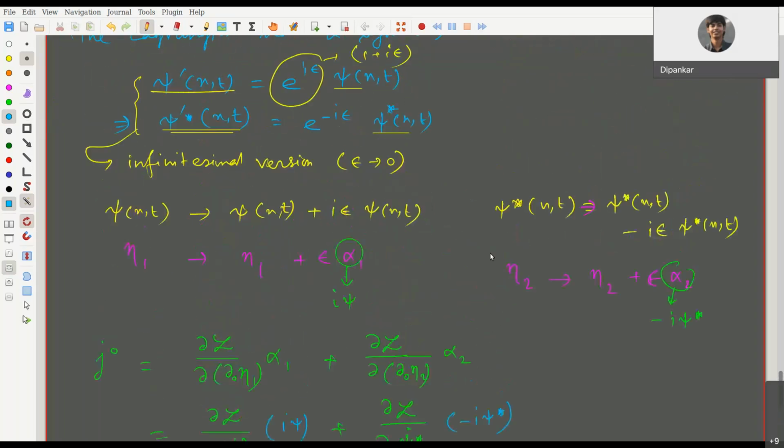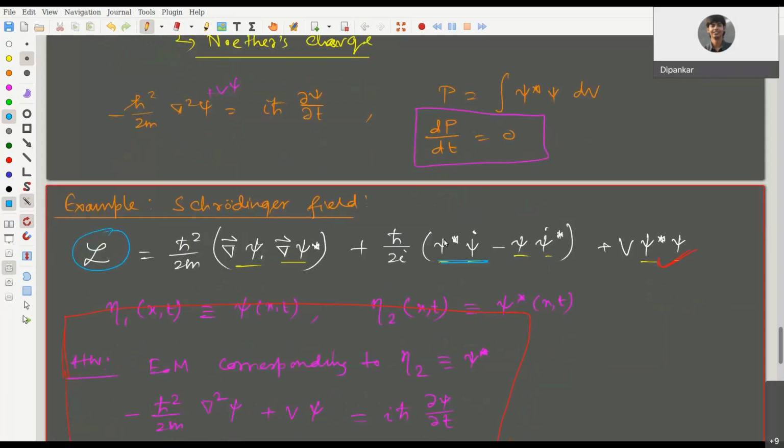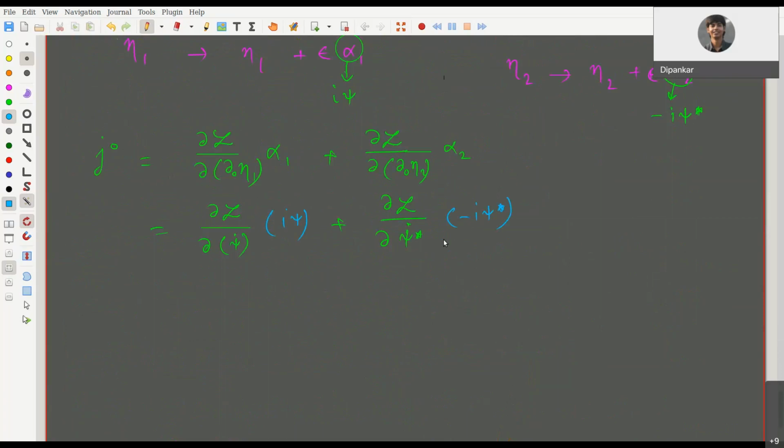What is del L over del psi dot? This comes from this term, which is just h cross over i, psi star. So del L over del psi dot is h cross over i times psi star, times i psi.